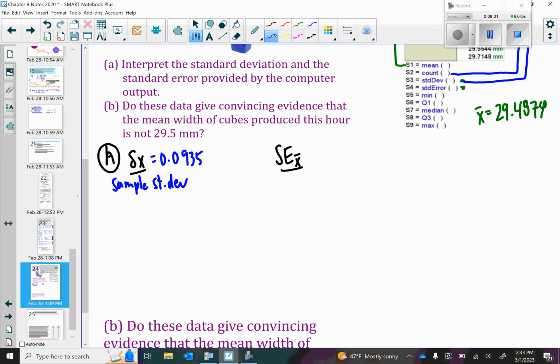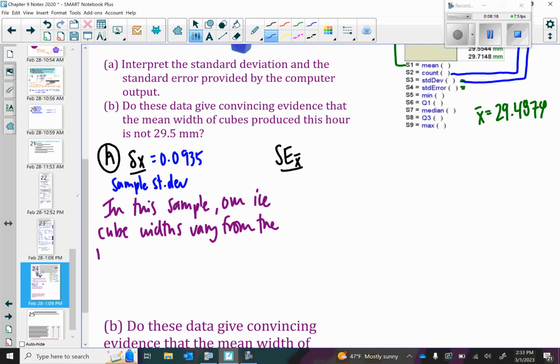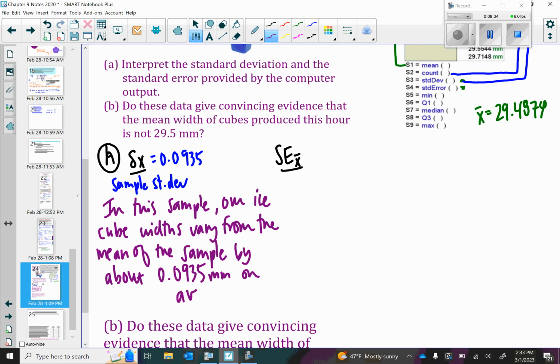In this sample, our ice cube widths vary from the mean of the sample by about 0.0935, I think it's millimeters, on average.